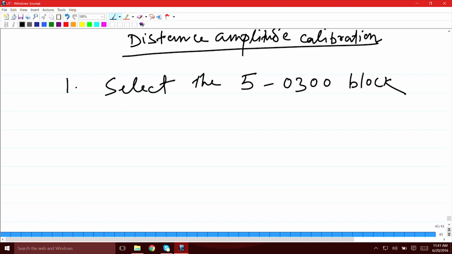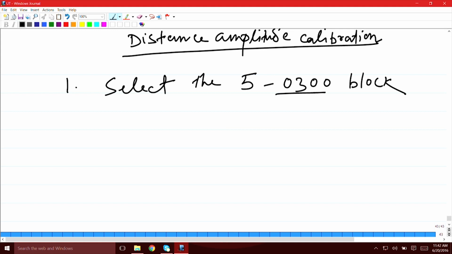okay. So, what is this block? Now, you can easily identify what kind of block is this. This is having a flat bottom hole, the diameter of which is 5 by 64th of an inch or 2 mm, okay. And the metal distance in this case, as you could see from these 4 numbers, is 3 inches or 75 mm.